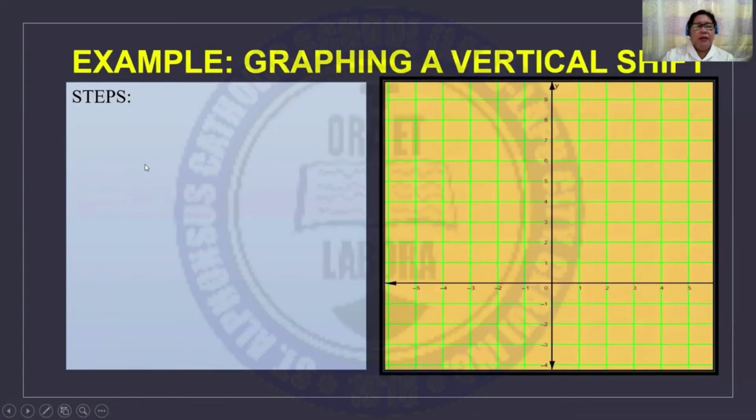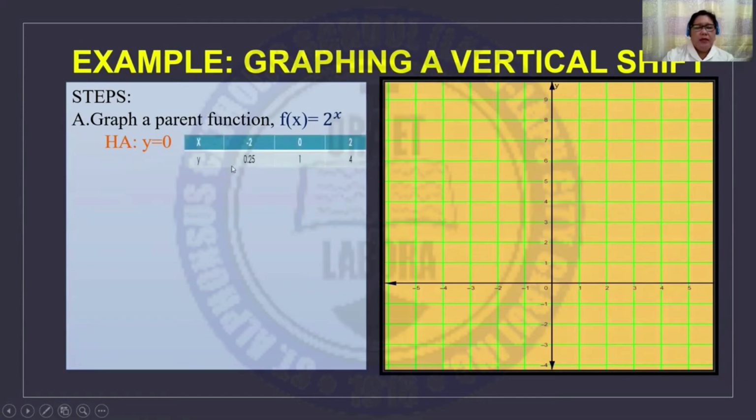Let us have now the steps in graphing a vertical shift. First step, you have to graph the parent function or the original function f of x is equal to 2 raised to x. The horizontal asymptote is y is equal to 0. So, let us just use 3 points: -2, 0.25; 0, 1; 2, 4.